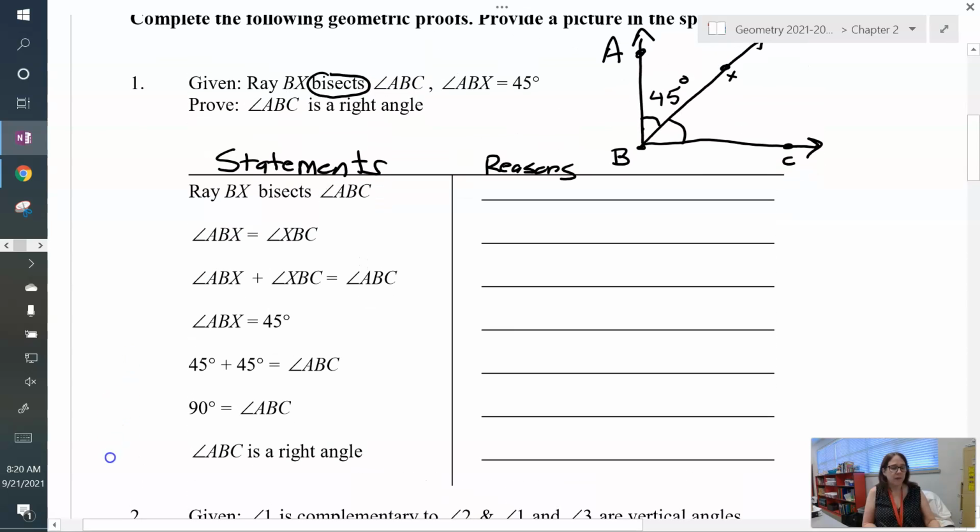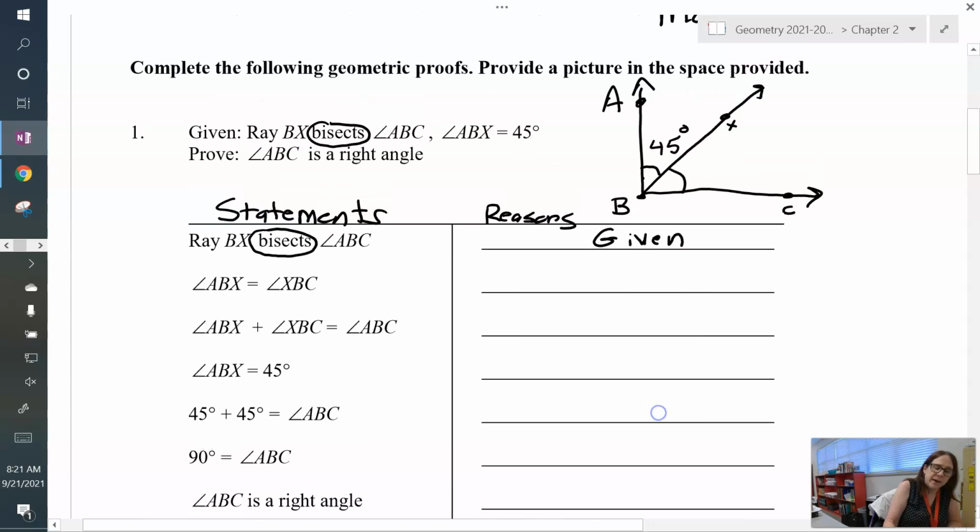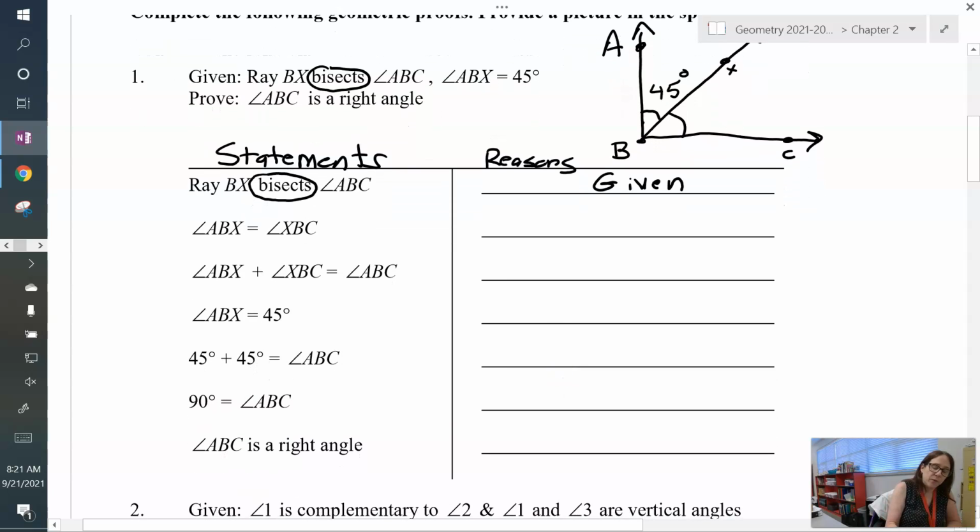So the first thing it says is ray BX bisects angle ABC. First thing that you always put down every time, all the time, is the given. So that one's given. We then see angle ABX equals angle XBC. And a moment ago I mentioned bisect, and I said because of bisects we're going to mark them the same. So that's the reason for this one.